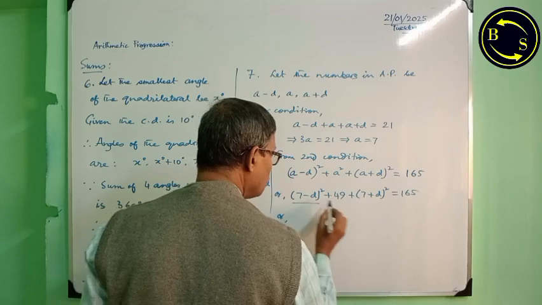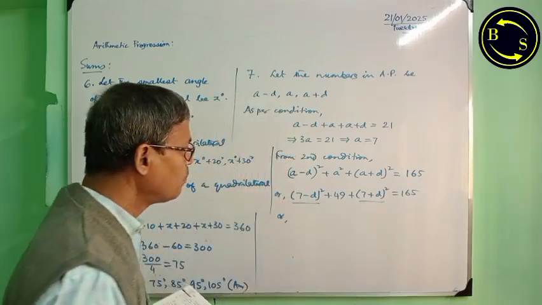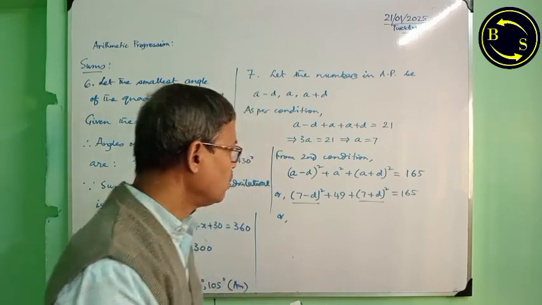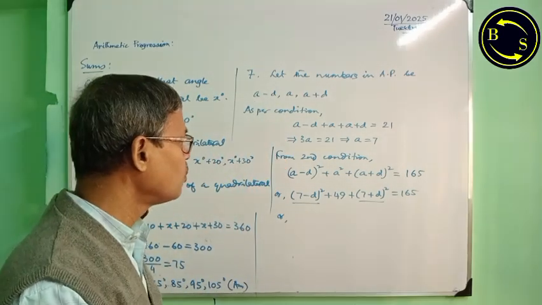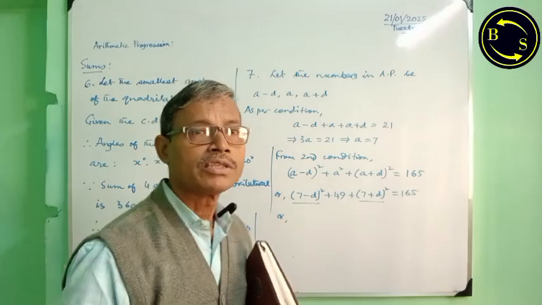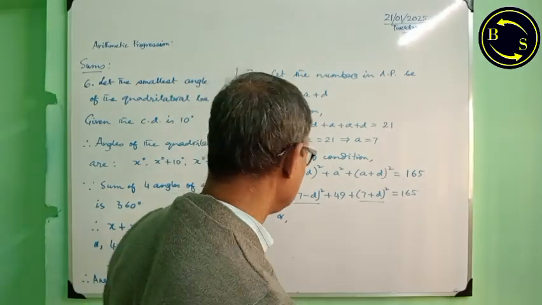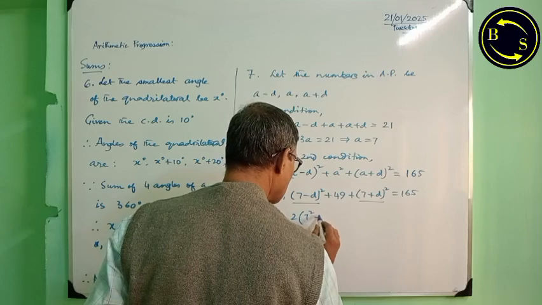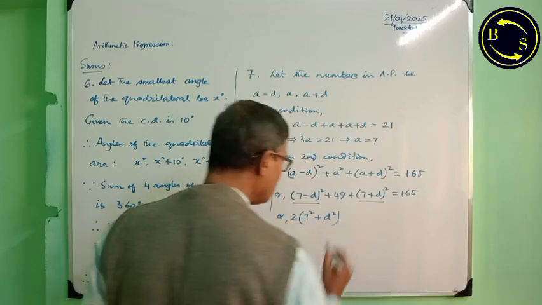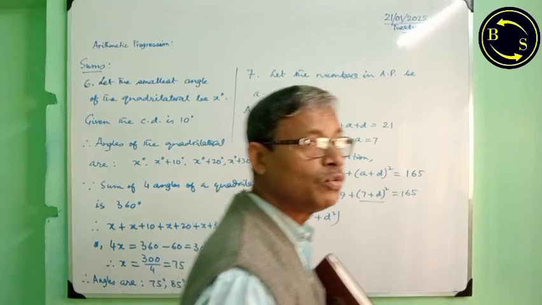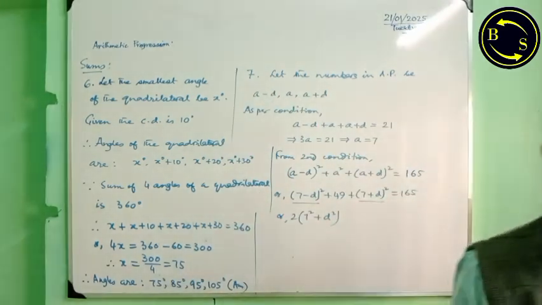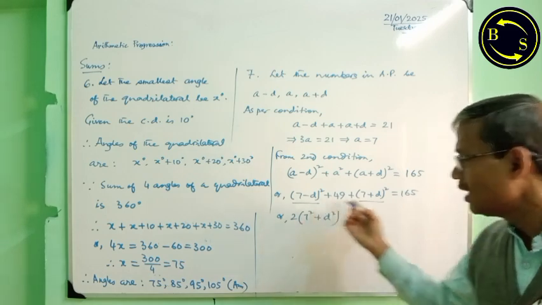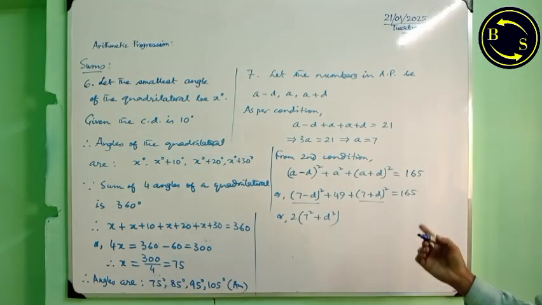Now you see sum of 7 minus d whole square plus 7 plus d whole square, you recall the formula for a plus b whole square plus a minus b whole square, that is equal to 2 into a square plus b square. You can expand and get the value.